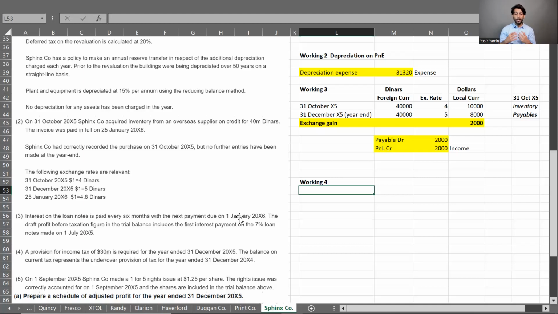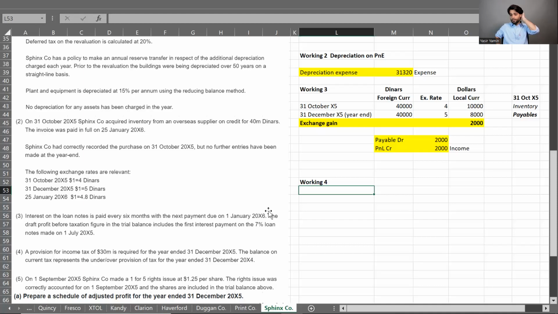We always follow accrual basis accounting. And even though the payment is to be made next year, that interest period relates to this year. If that interest period relates to this year, we need to recognize an accrued expense.